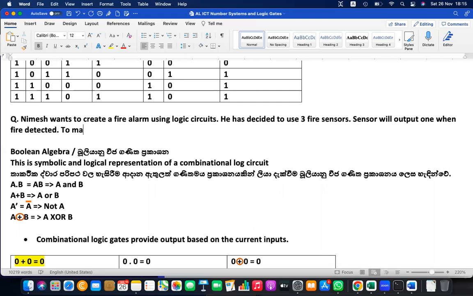To make it accurate and reliable, the alarm is set to trigger when at least two sensors detect fire.